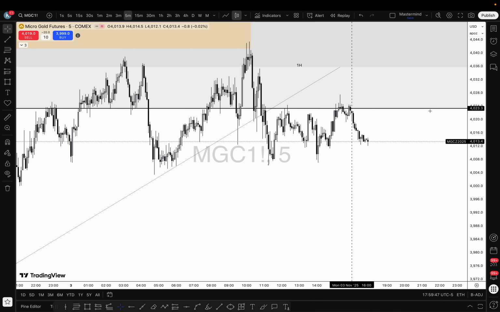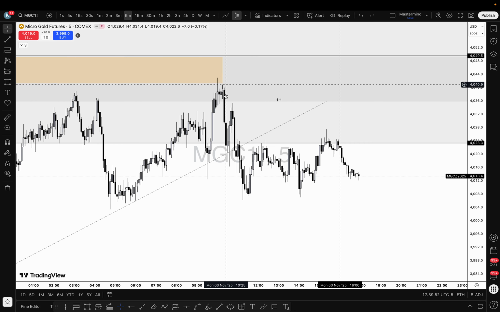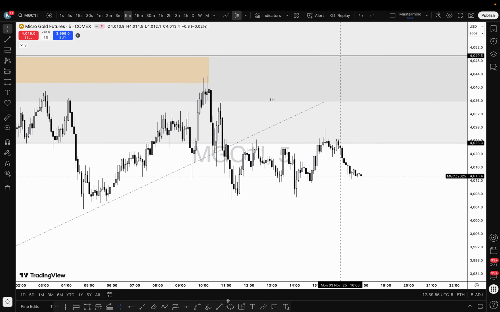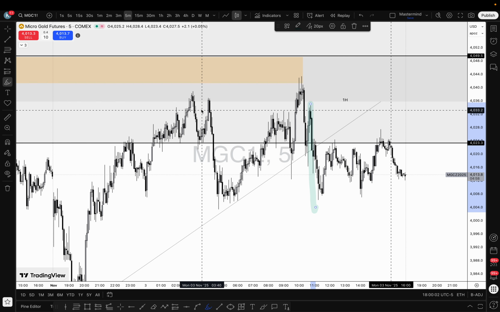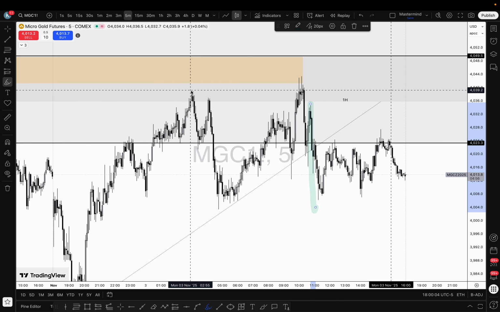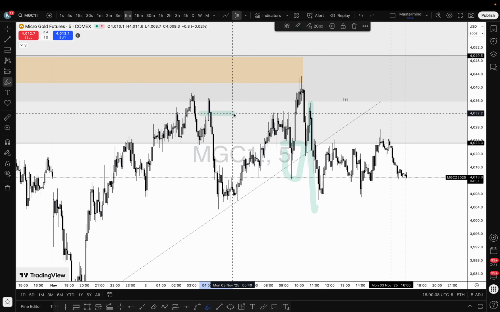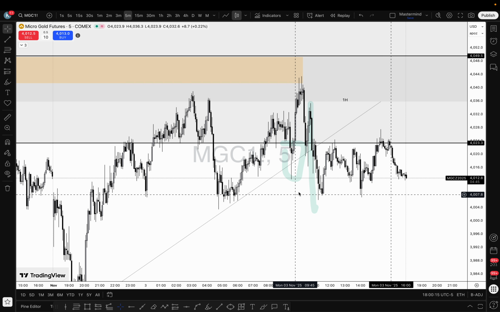So we have this drop, base, rally, base, drop. Now this leg right here removed this zone, right? And this zone removed this zone, because we have to look at who did what in order to know who's in control.